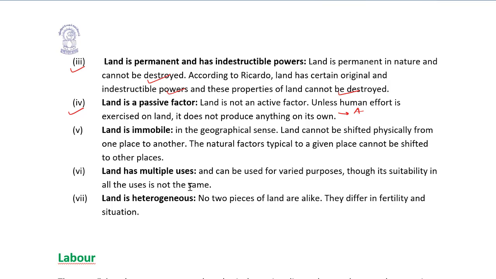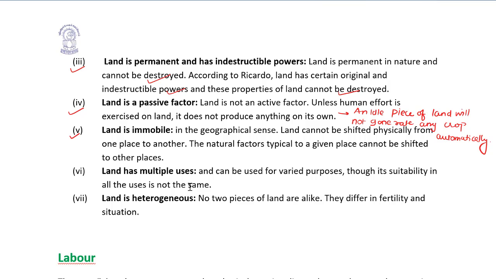An idle piece of land will not generate any crop automatically. So human effort is required.